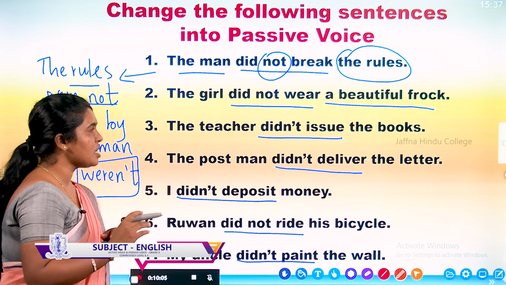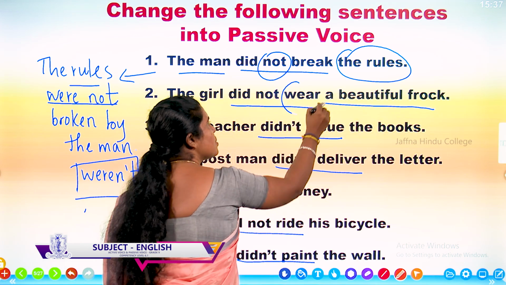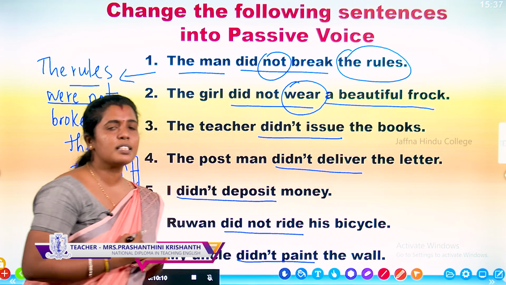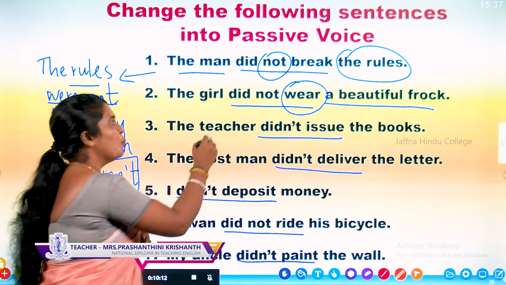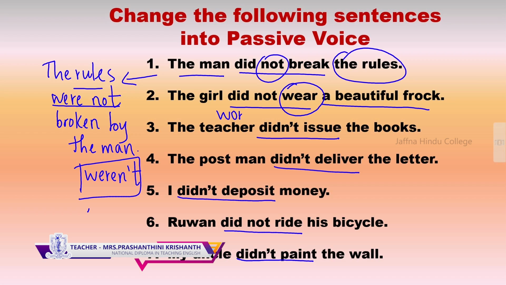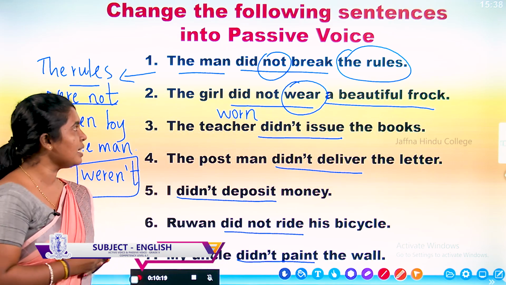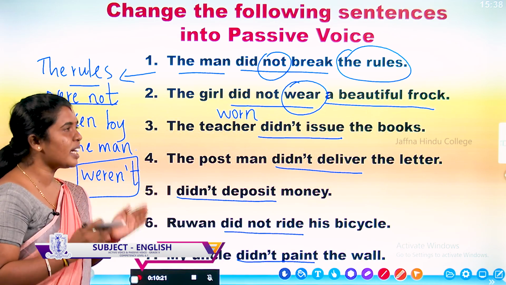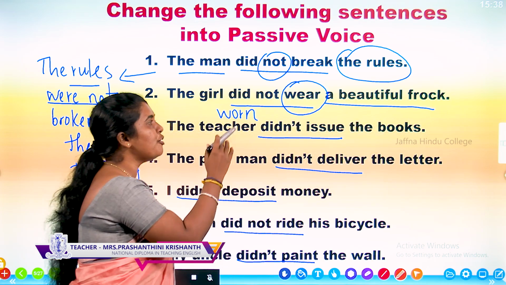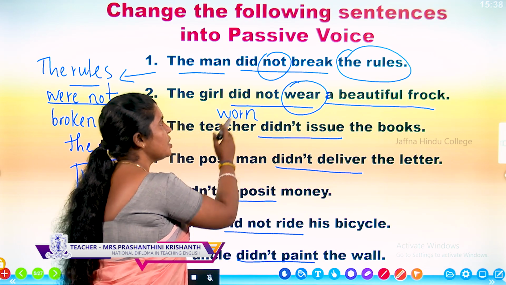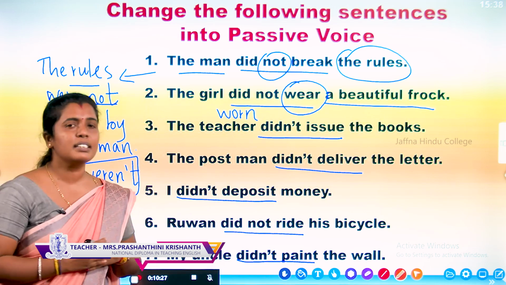Wear. What is the past participle form of wear? Worn, W-O-R-N. By whom? By the girl. So what is the right answer? A beautiful frock wasn't worn by the girl.